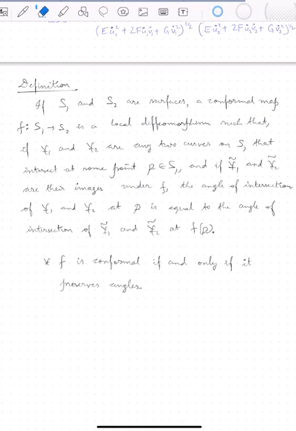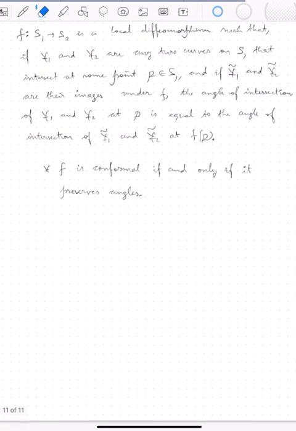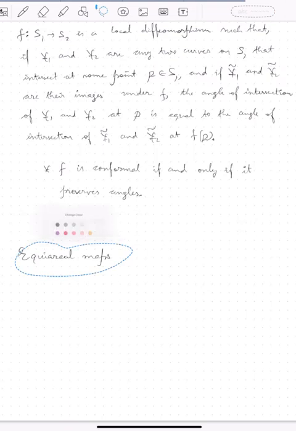So let's talk about equiareal maps today. So what is an equiareal map?